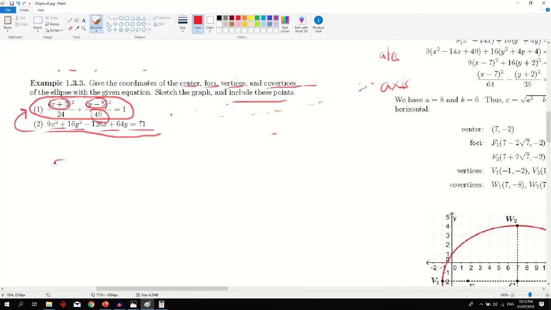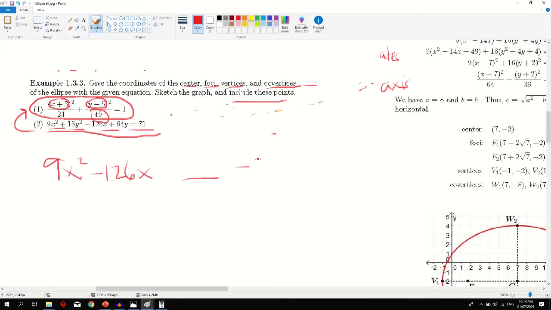Okay, so we will have the 9x squared minus 126x. Then we don't know if it is positive or not. We will have to complete the square, right? So we don't know what's that.